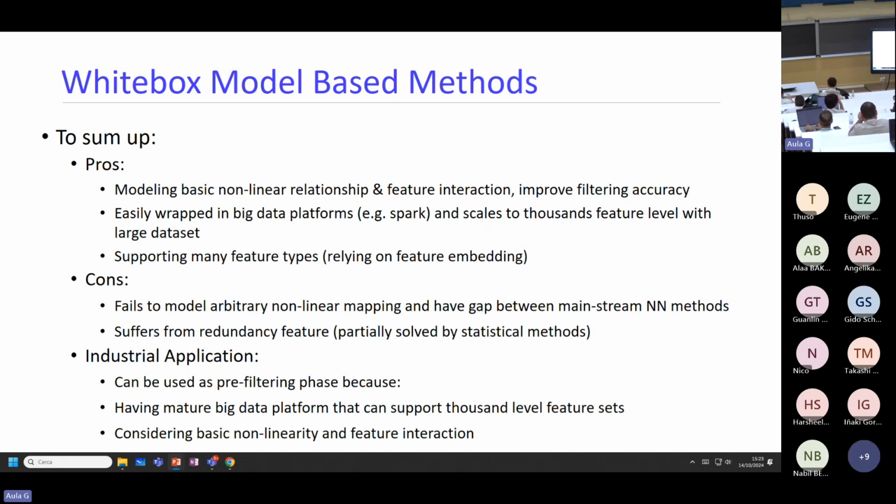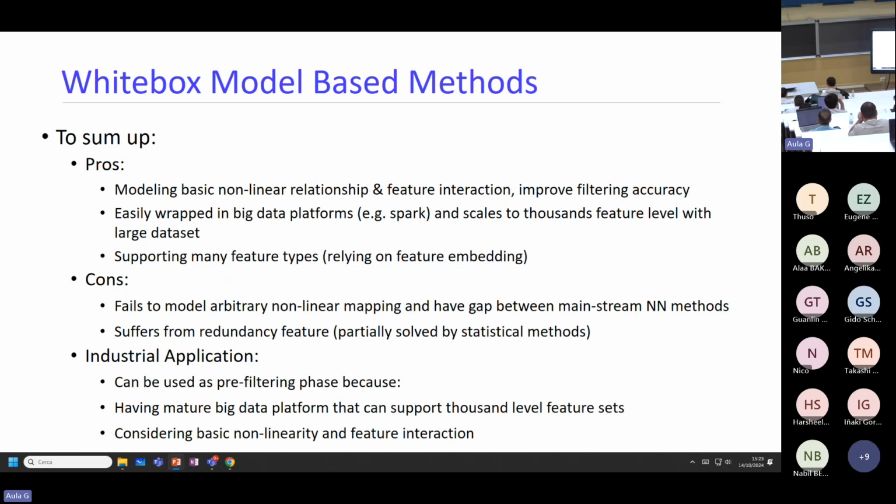And the cons of this method are they fail to model arbitrary nonlinear mapping and have a gap with the mainstream neural network-based methods, because in industry, almost all platforms use a deep neural network right now. And they suffer from the feature redundancy issue. But it has been partially solved by the statistical-based method I mentioned above.